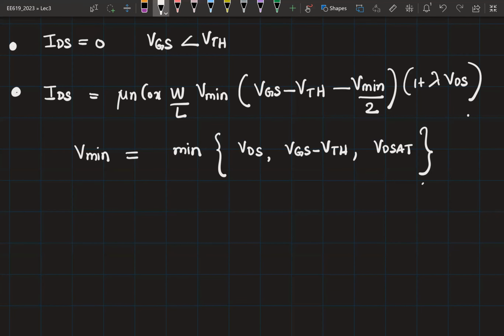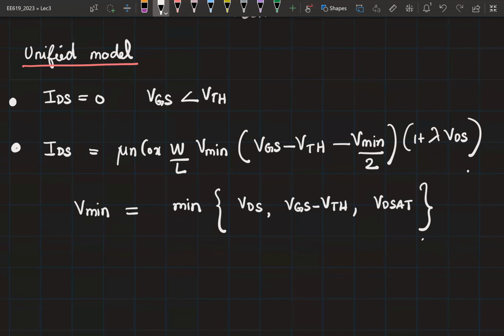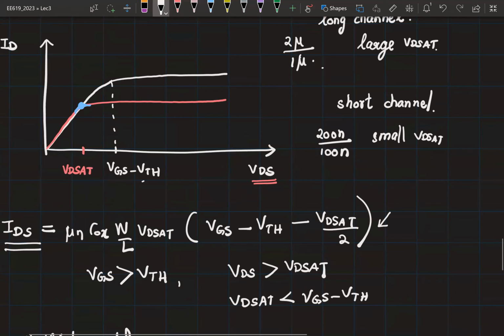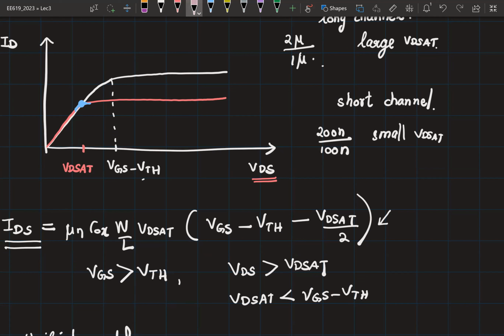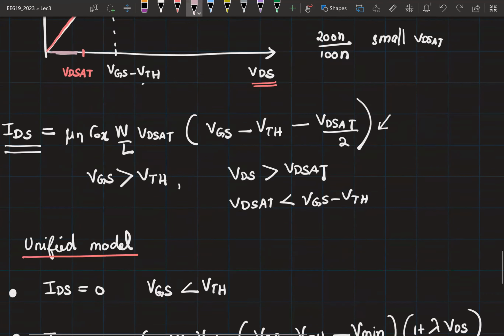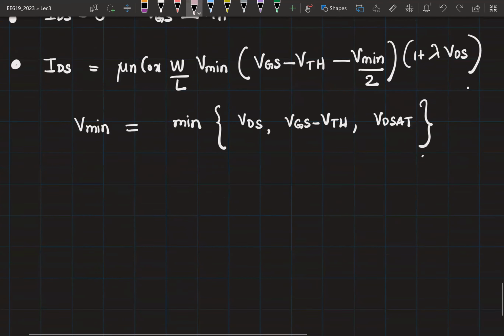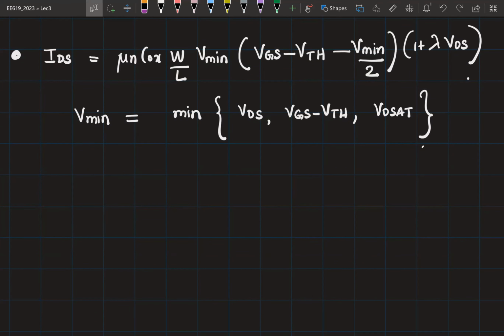So if VDS was the minimum of the three values, what region is the transistor in? It is in linear region, correct? Because if VDS is the minimum of the three values, which means you are operating in this region. Okay? Any questions? VDSat is a technology parameter that depends on the length of the transistor.